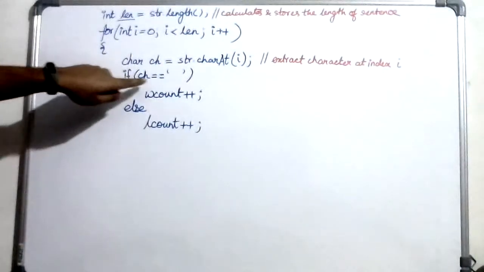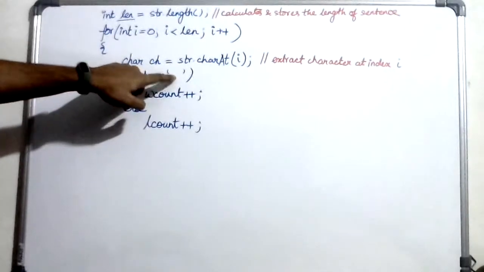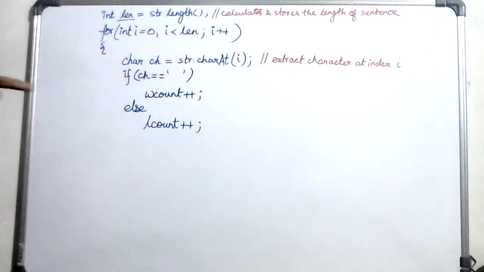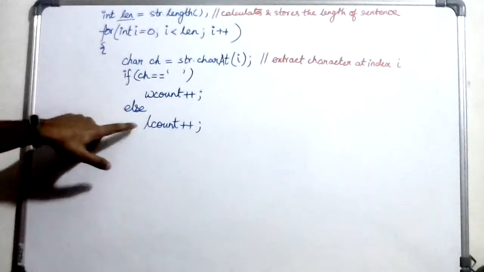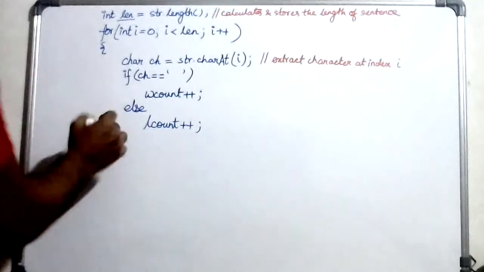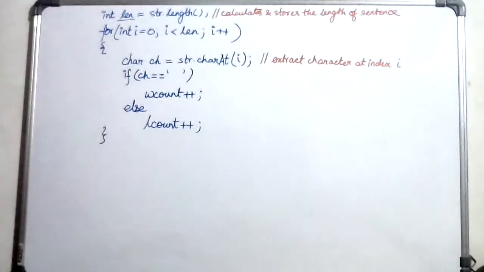I'm checking whether that character is a blank space. If it is a blank space, w count is incremented, which means I found a word. Otherwise, if it is not a blank space, L count is incremented, which means I found a letter. And simply my for loop ends here. So that's all I need to do inside the for loop.